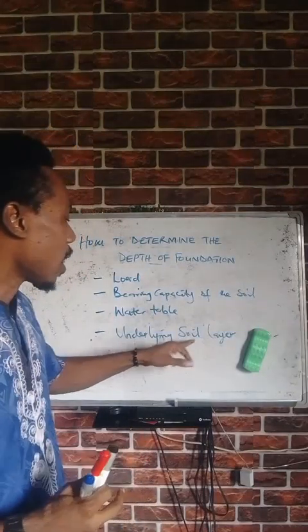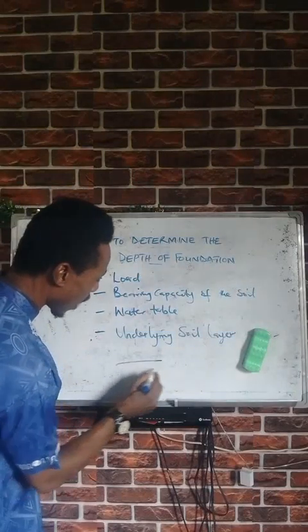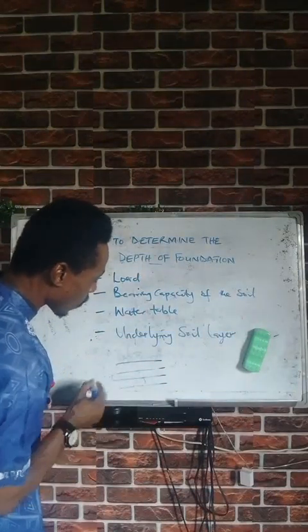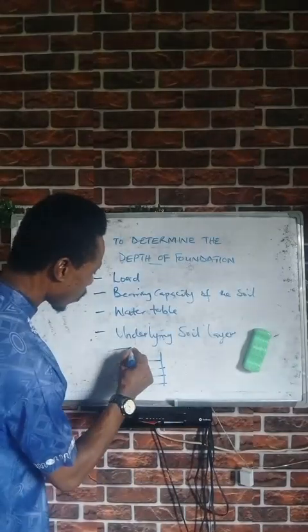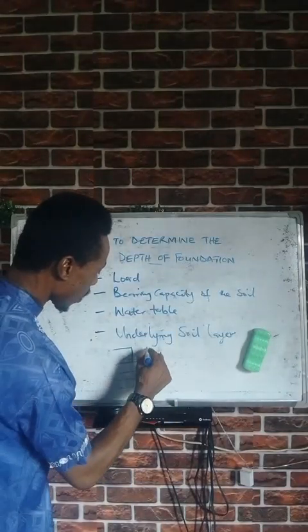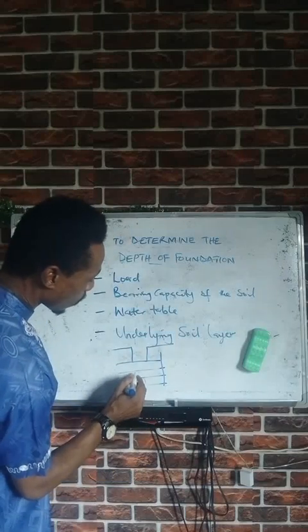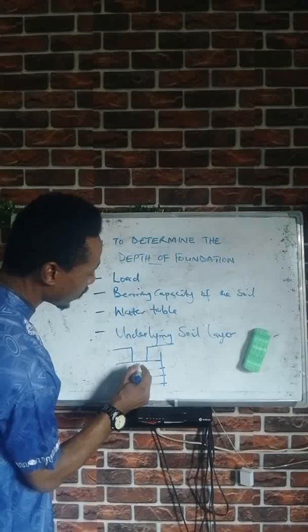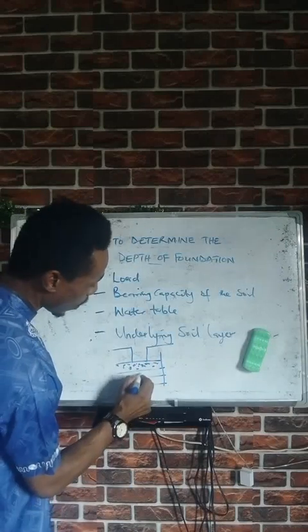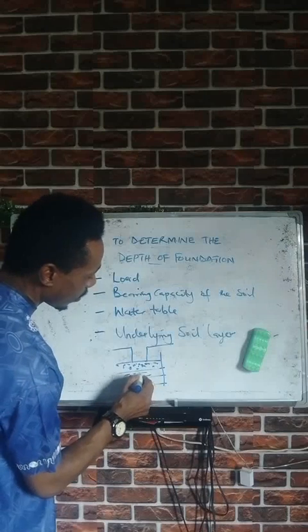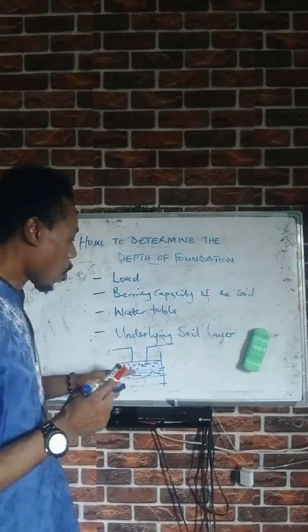Now the underlying layer talks about, for example, these are layers of the soil. Now you're doing your foundation here. Probably this place looks stable. Now maybe here is a little compressible. This layer looks compressible.